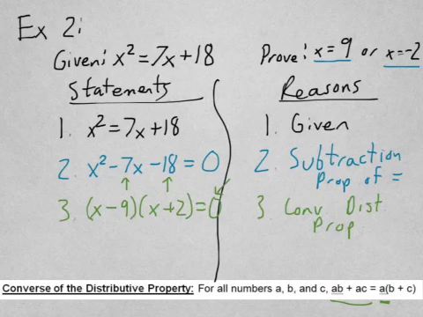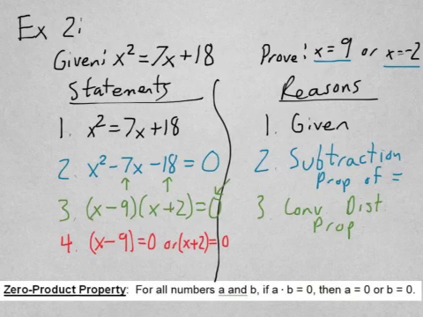So what's our conclusion after that? Well, most of you would say that we can conclude that either x equals 9 or x equals negative 2. But hold on, we're actually skipping a step there. Really what you mean is that x minus 9 equals 0 or x plus 2 equals 0. Why is that?